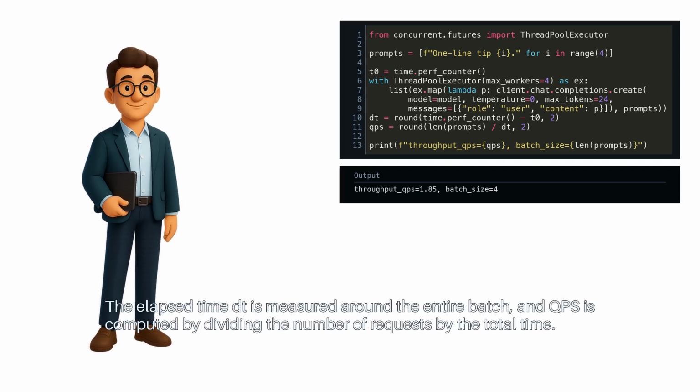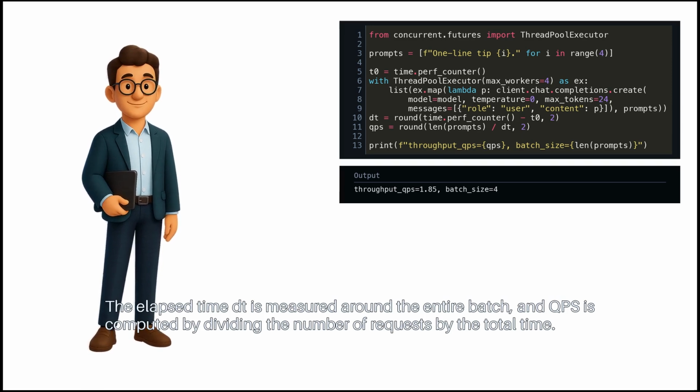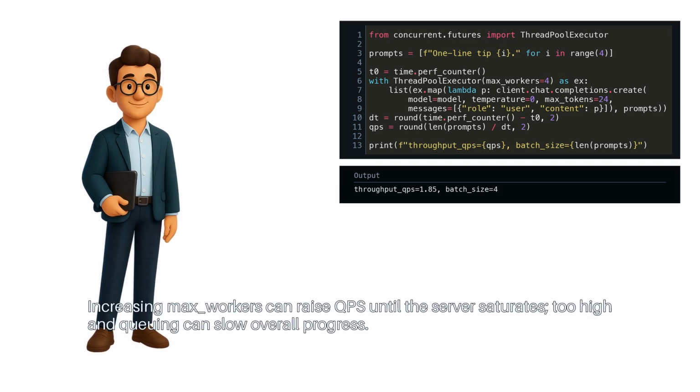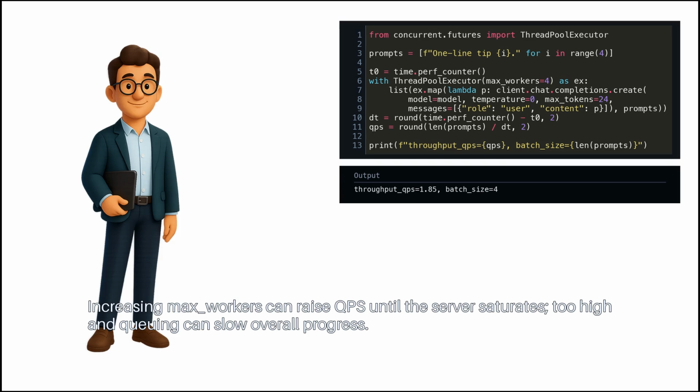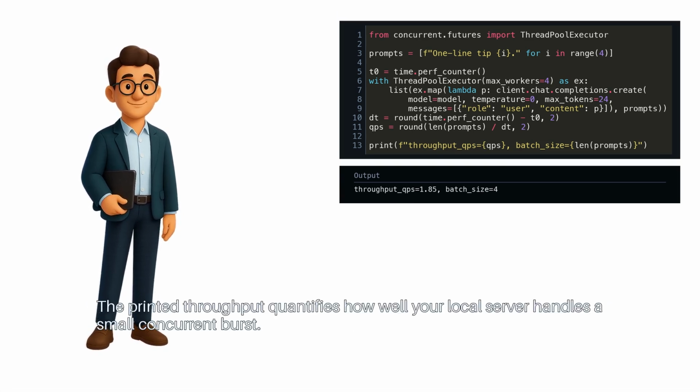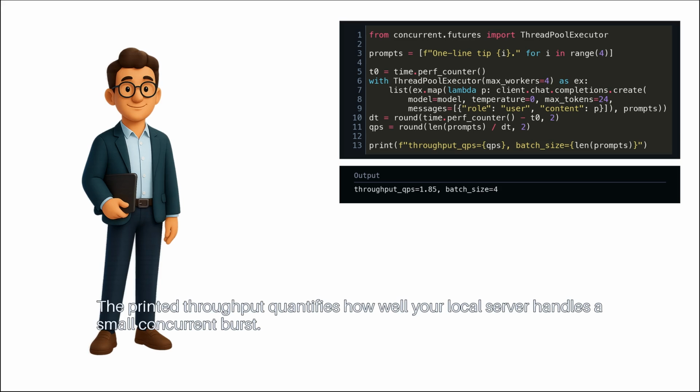The elapsed time dt is measured around the entire batch, and QPS is computed by dividing the number of requests by the total time. Increasing max workers can raise QPS until the server saturates. Too high, and queuing can slow overall progress. The printed throughput quantifies how well your local server handles a small concurrent burst.